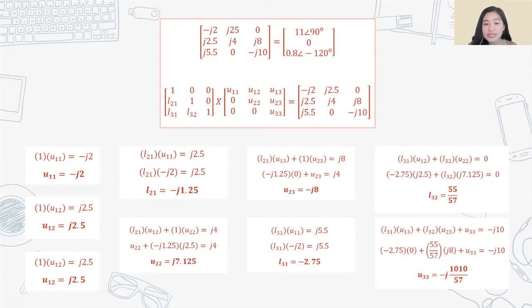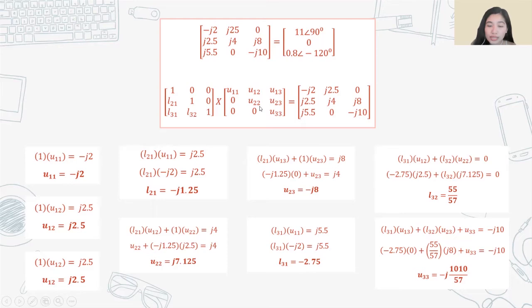As you can see, na-solve na natin lahat yung values na hinahanap natin for the lower and upper matrices. Our L21 is this one, ang ating L31 is this one, our L32 is 55 over 57, our U11 is negative J2, our U12 is negative J2.5, and U13 is equivalent to 0.